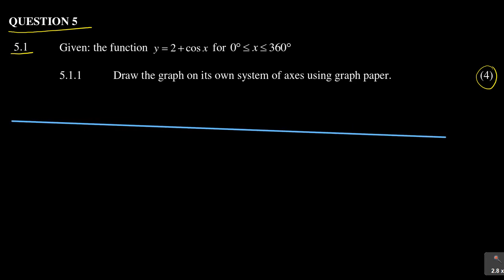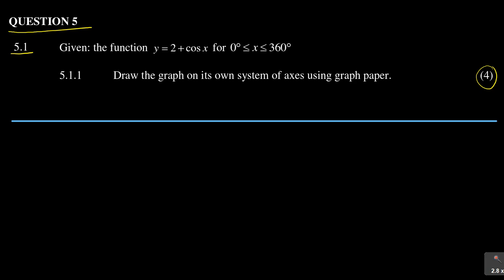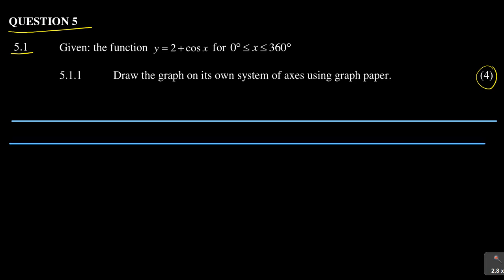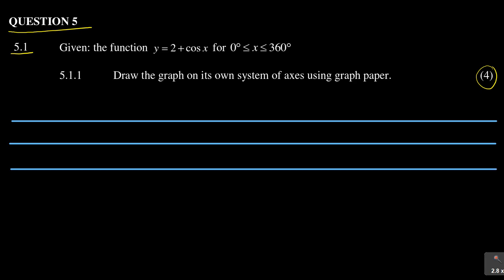So if I can have lines here like this, I can have some lines where I will be finding my x and y values. Remember, you need to have as many values as possible.